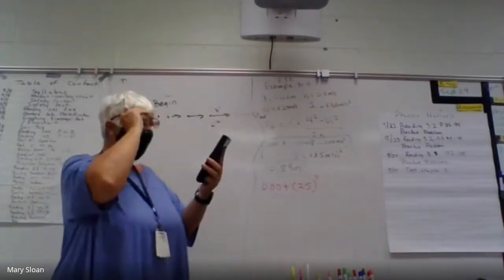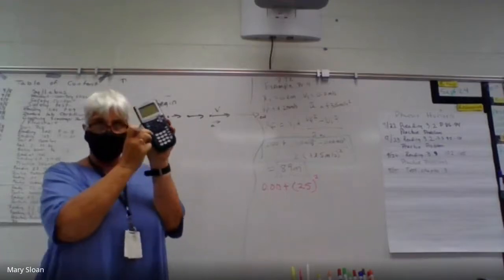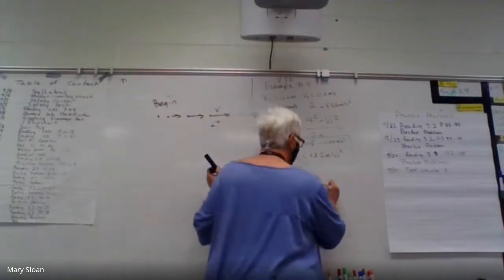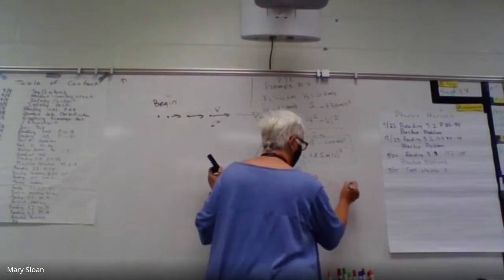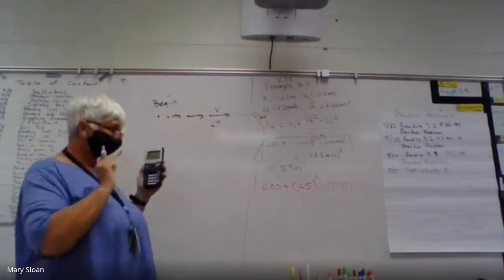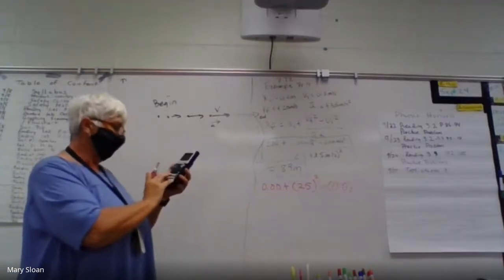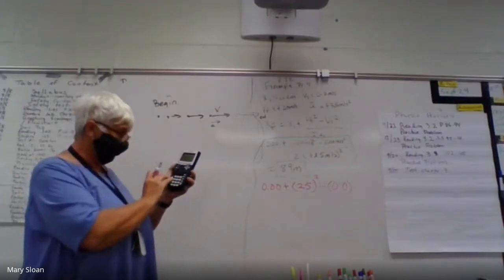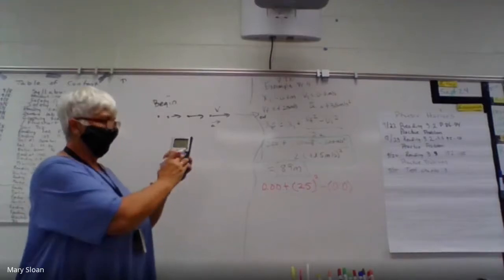The square key is the one where it says X square on the left-hand side, okay? Then you're going to do subtract 0.0. And once you have that done, it's 0.00 plus 25 squared minus 0.0.